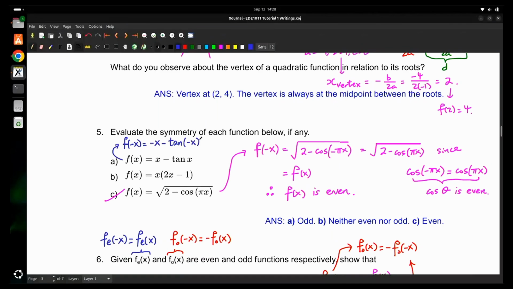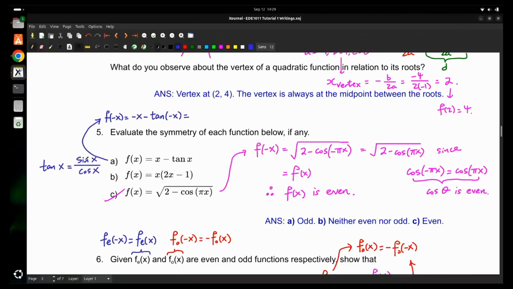But because tangent x is odd, this is something that we can observe from the graph, and also because tangent x equals sine x over cosine x.